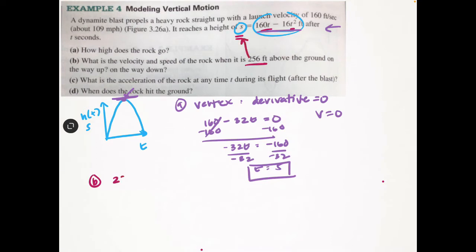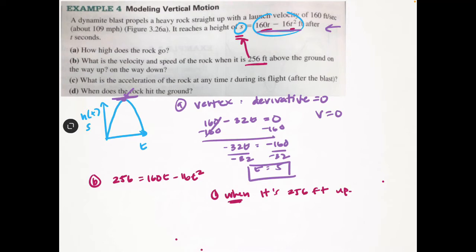So we're going to say 256 equals 160t minus 16t squared. So the first thing we're doing is we're trying to find when, meaning the time, it's 256 feet up. Okay.